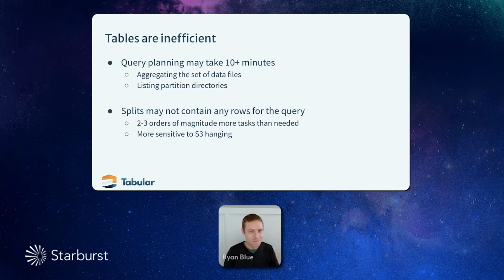If our 1 million split example had taken 10 or more minutes to just plan, then it would have taken at least 10 minutes for that query to run. So this is a bottleneck that we need to solve. The next way tables are inefficient is more hidden by Trino than anything else.